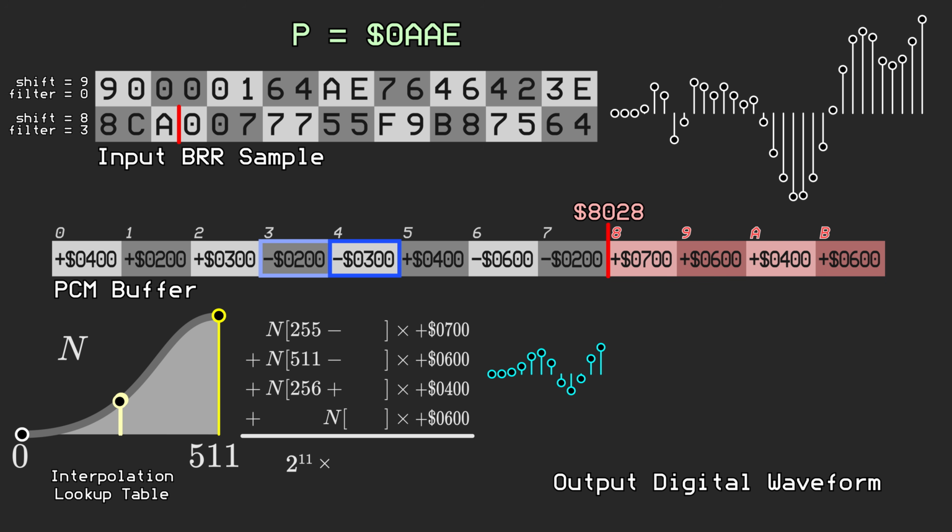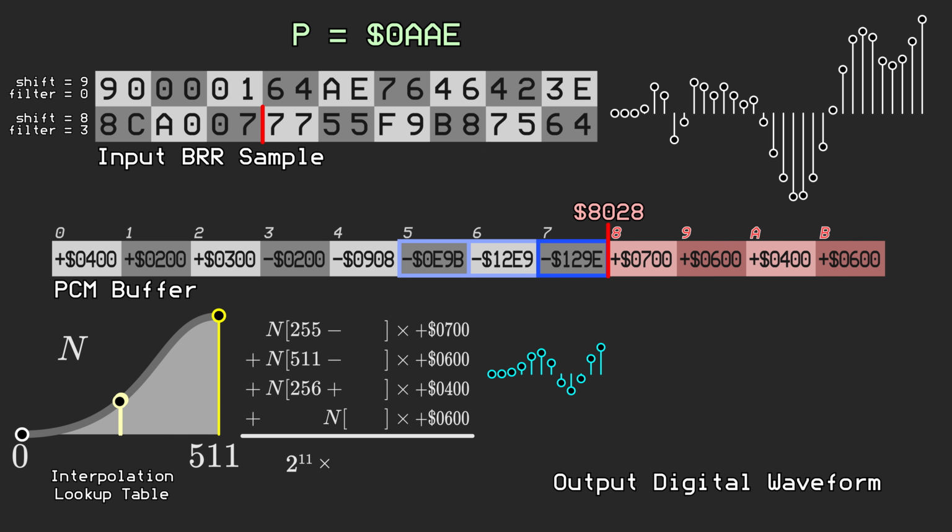Then the negative hex 200 is multiplied by 115 over 64 and added to the result to get negative hex 698. And the sample before that, hex 300, is multiplied by 13 over 16, and that gets subtracted from the result, which ends up being negative hex 908. The rest of the samples are processed in this way.